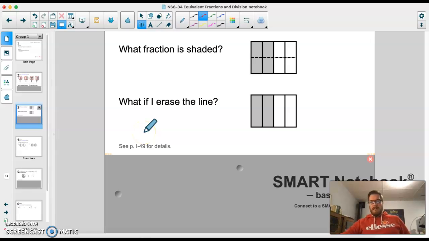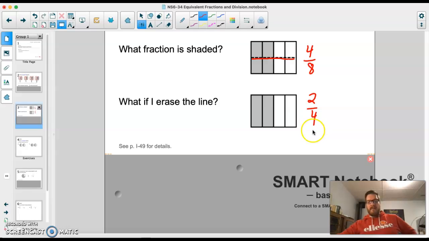Now, what we're going to do now is look at this drawing here, and this one is 4 out of 8. But if I want to erase this line that they have here, then what I get is 2 over 4. Okay, so you can again make equivalent fractions if you start larger up here versus if you were to simplify it down.